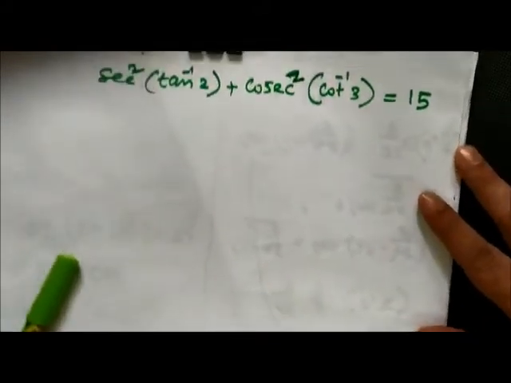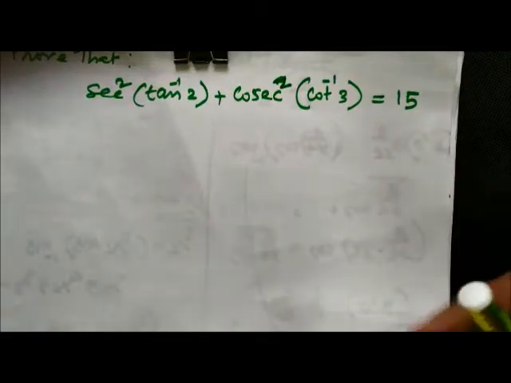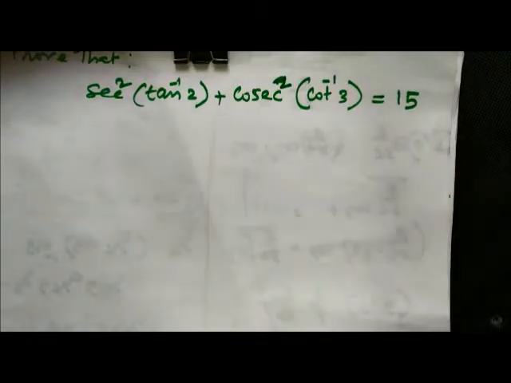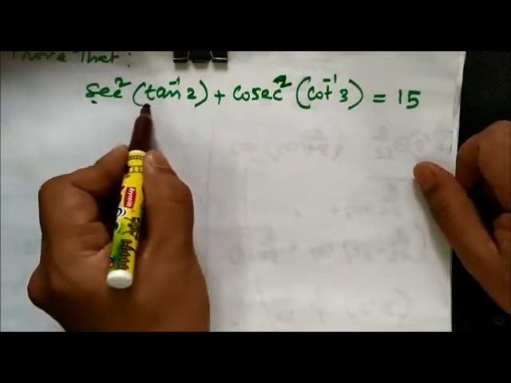One more. Now here you have been asked to prove something. It says sec square of tan inverse 2 plus cosec square of cot inverse 3 equals 15. Let's see how to do this. Now this is sec square theta, this is cosec square theta. What do I do?